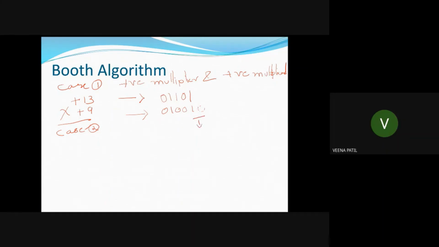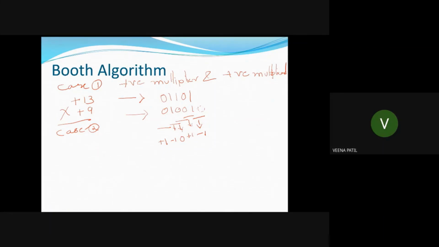What will be the recoded value? Plus 1, minus 1, 0, plus 1, minus 1. Did everybody get the same thing? I hope everybody got the same.